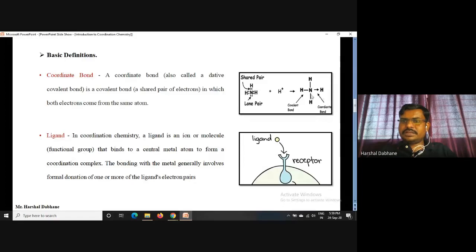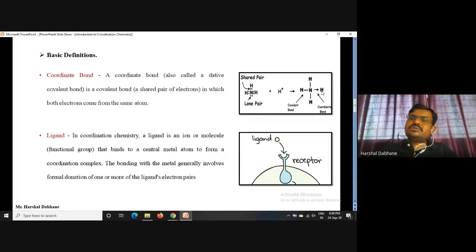This arrow shows the new bond formed between the nitrogen and this hydrogen atom. The direction of the bond is towards the hydrogen, because the electron density from nitrogen is moving towards the hydrogen, and there is a covalent bond formation between the nitrogen and hydrogen.